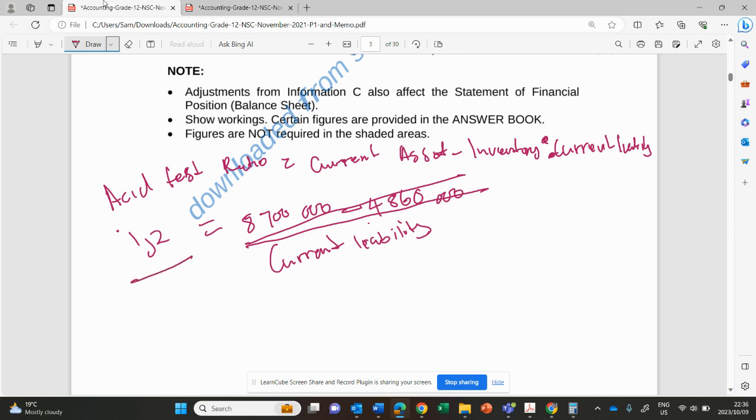So now you can assume the 1.2 is over 1. Now we can cross multiply. So it is this part times 1.